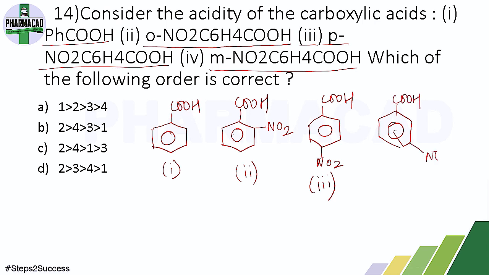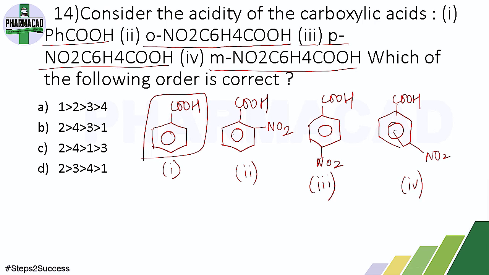Now we have to determine the order of acidity. In the first case there is only the acid group, no substitution. In the second, third and fourth cases, the electron withdrawing effect is due to the nitro group, so the acidic strength increases.